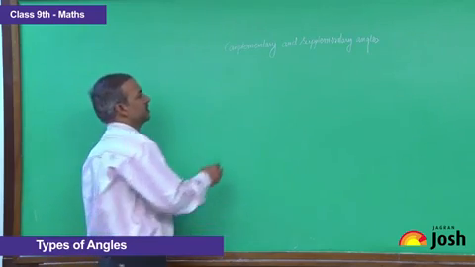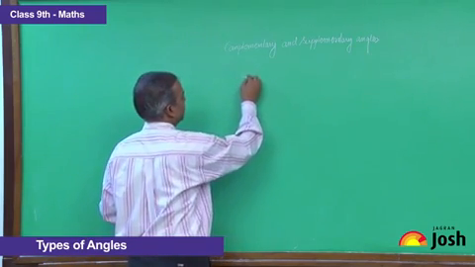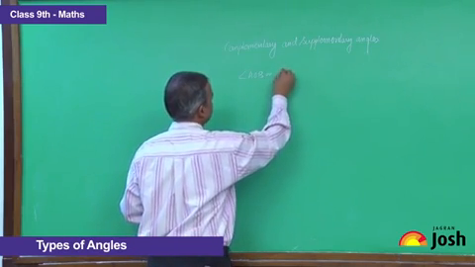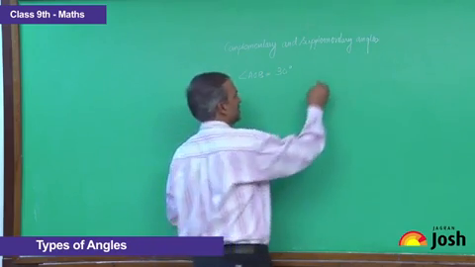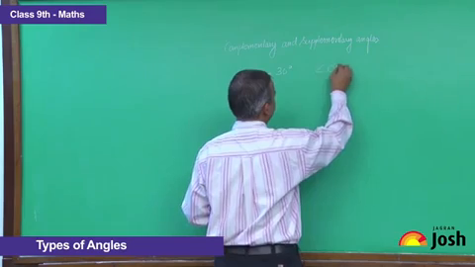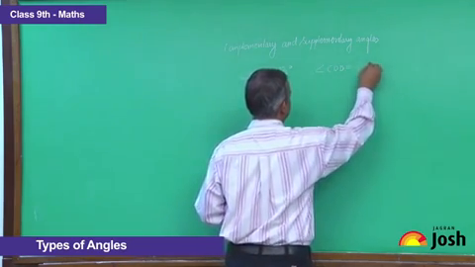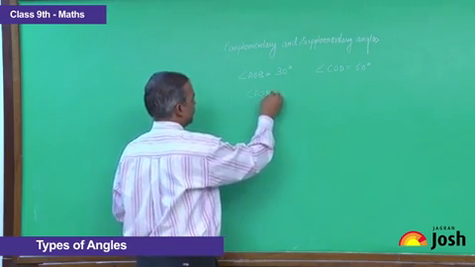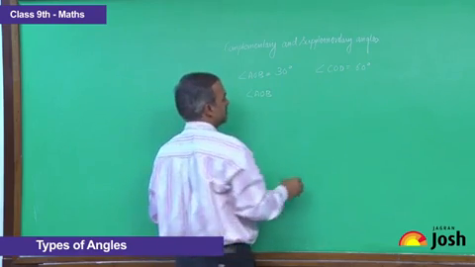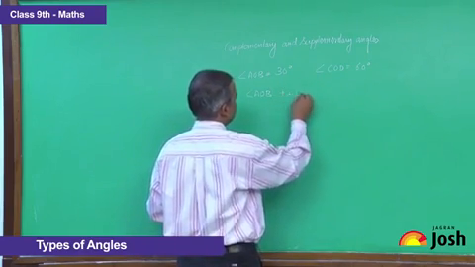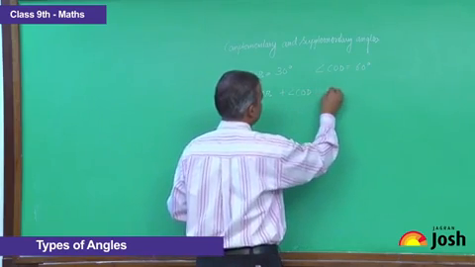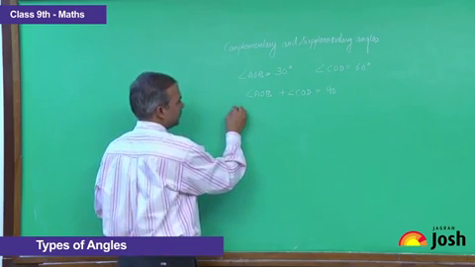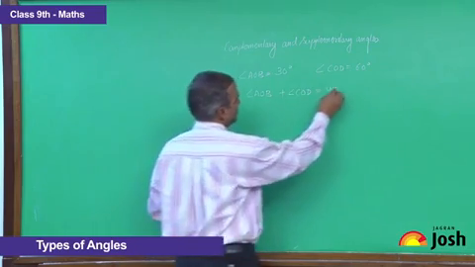For example, if angle AOB is equal to 30 degrees and angle COD is equal to 60 degrees, since angle AOB plus angle COD is equal to 90 degrees, we can say that AOB and COD are complementary angles.